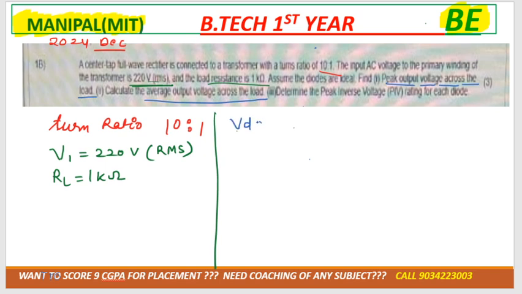Means we need to calculate VDC, we need to calculate Vmax, we need to calculate PIV. अब ये इन्होंने मॉडिफिकेशन कर दी, देखो कि अक्रॉस द लोड निकालना है. जनरली लोड के अक्रॉस पूछते नहीं है, बट इन्होंने लोड के अक्रॉस पूछा है.